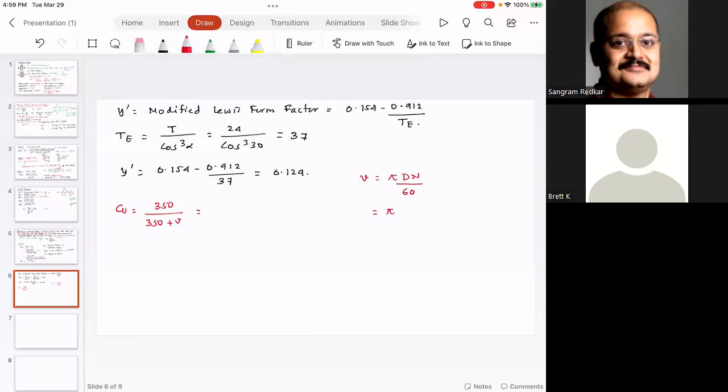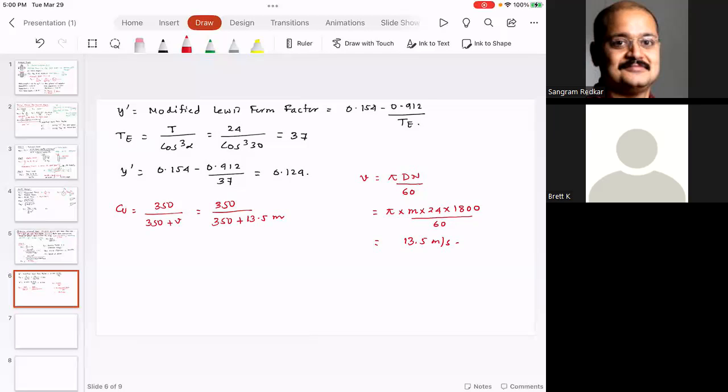This is going to be pi times d, which is m times 24, times 1800 divided by 60, which is 13.5 m meters per second. So 350 divided by 350 plus 13.5 m. That is correct.